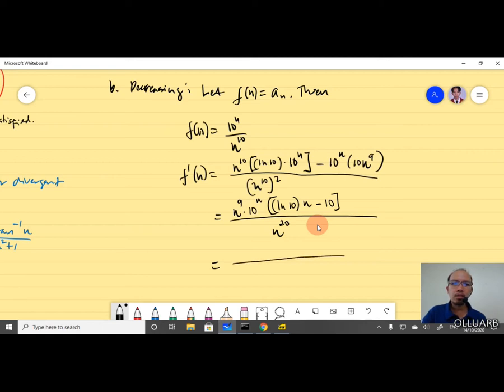Cancel out. We have n to the 11. Then what remains here is 10 to the n.